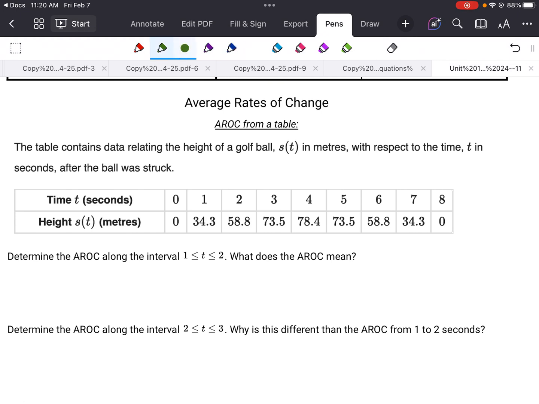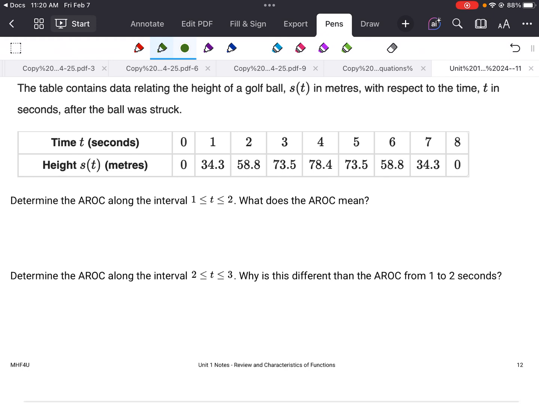Average rates of change, or what we call AROC, from a table. The table contains data relating the height of a golf ball, S of t, in meters with respect to the time in seconds after the ball was struck. We can see the table, the time in seconds, 0 to 8 seconds, the height in meters.